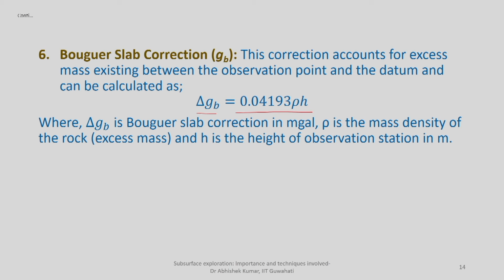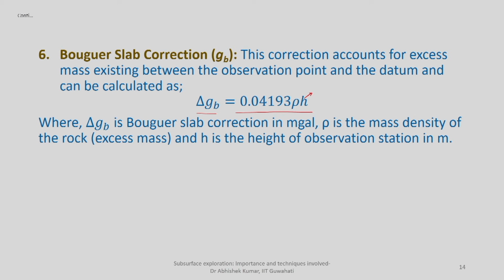It can be given as 0.04193 rho times h, where rho is the mass density of the slab material and h is the elevation of the observation station. Once you put in this value, you can get an idea about the Bouguer anomaly.